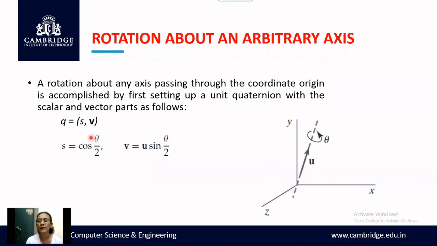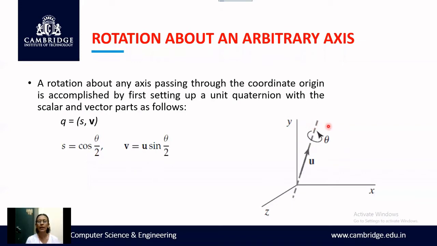What is theta? Theta is the angle of rotation. For any rotation you need 3 things: the axis of rotation, the point of rotation, and the angle of rotation. The point of rotation here is the origin. The axis of rotation is U, the unit vector along the axis, and theta is the angle of rotation.